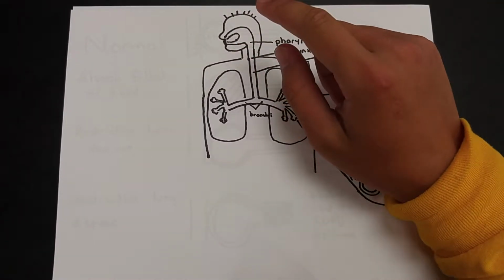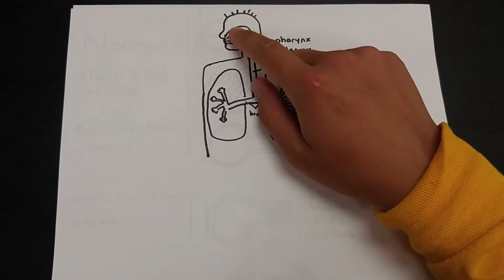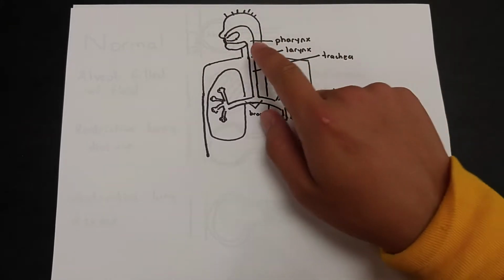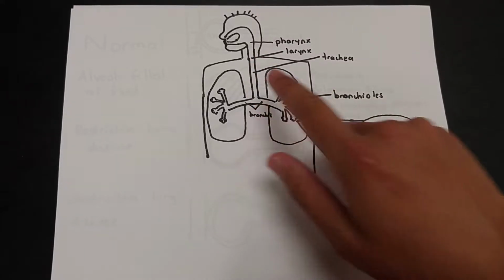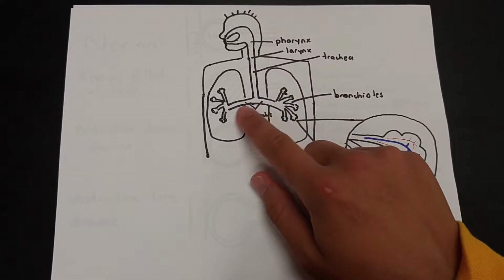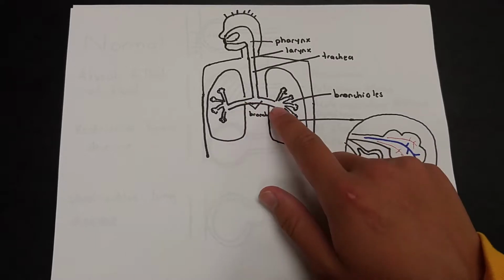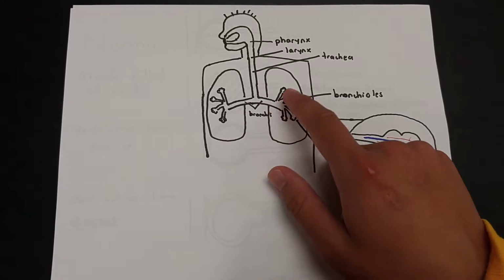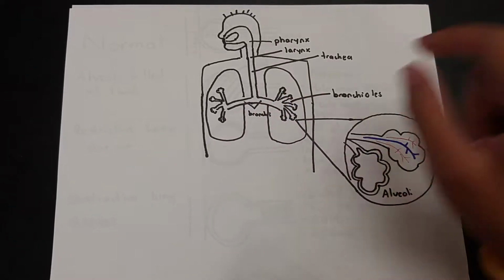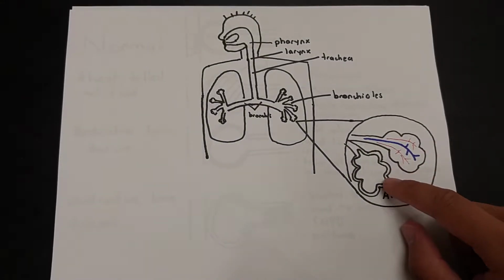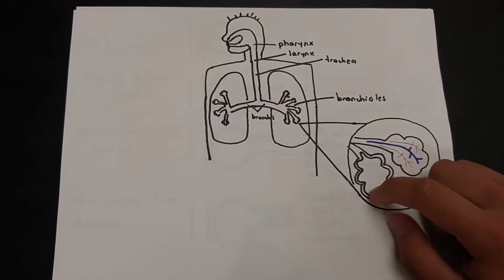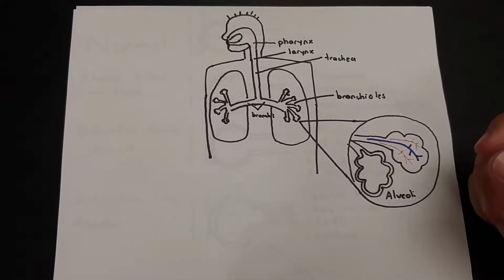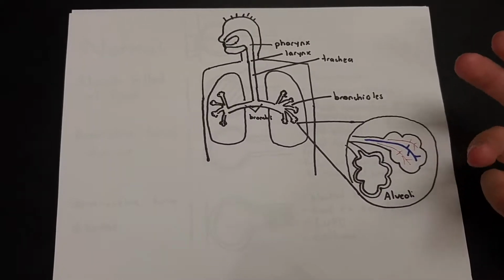The air can come in through the nose or the mouth, where it travels down the pharynx, then the larynx, then the trachea, and then it splits into two bronchi, one for each lung. Then the bronchi split into smaller pipes called bronchioles, and at the end of a bronchiole is an air sac. This air sac has little bubbles on it for extra surface area so you can get more gas through.